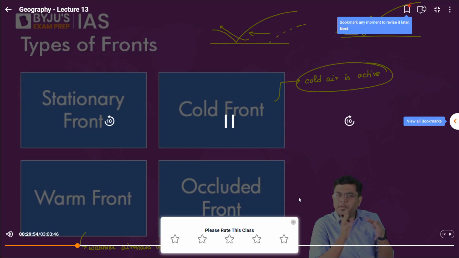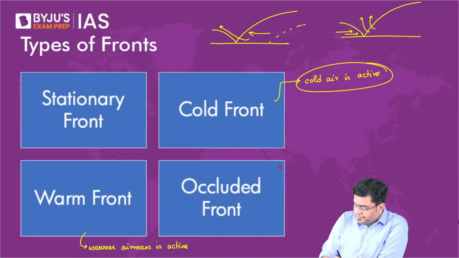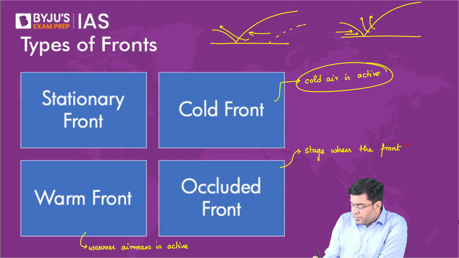Generally observed in the case of a temperate cyclone, this is when the front starts to close up. Yes, blocking is perfect. So a stage when the front closes up.